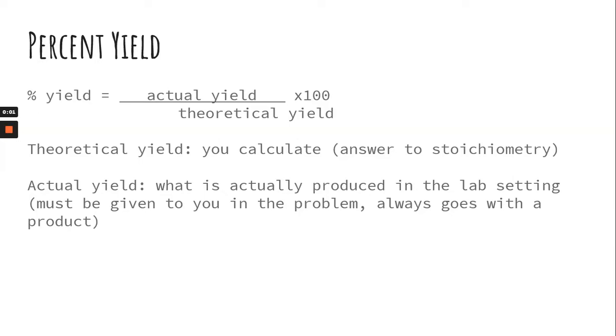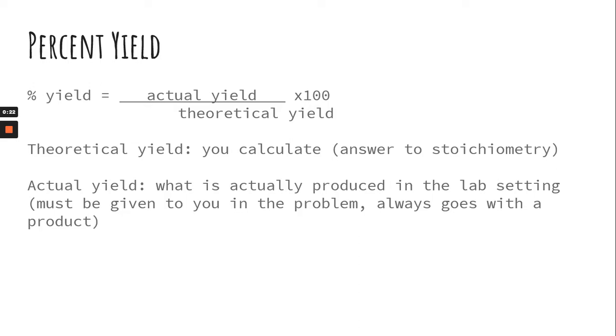Percent yield is the way to tell if you're doing a reaction correctly. Percent yield is a way to see how complete the reaction is.